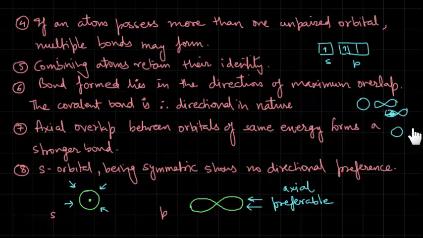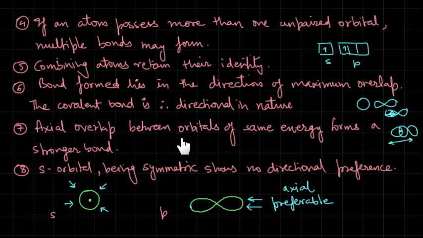So where is the maximum overlap? You can see it is here in the center. So this is the direction of bond formation. The covalent bond is therefore directional in nature. So we can say its direction is along this line.